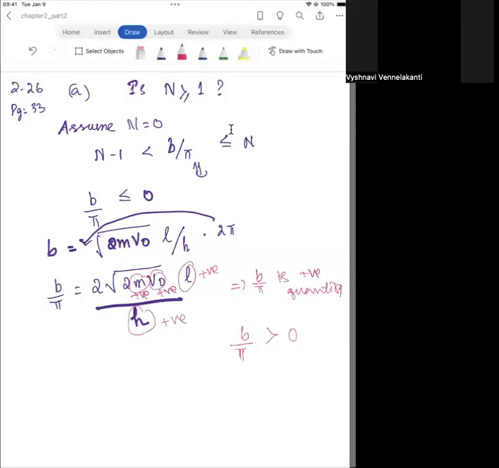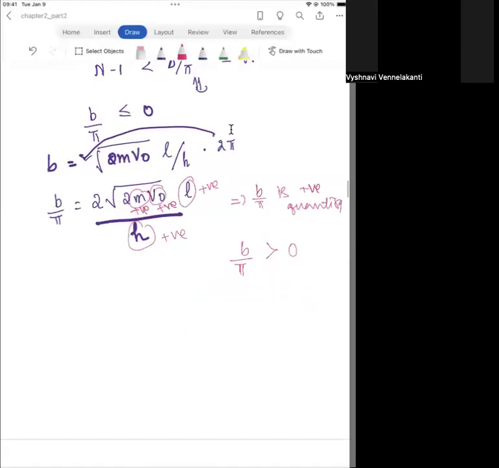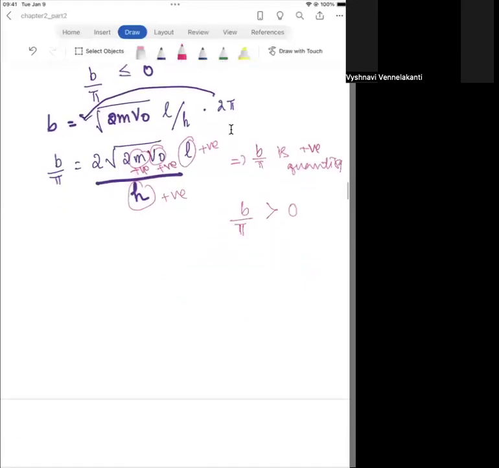But if you're assuming that the number of bound states can be equal to 0, you're saying that b over pi is either negative or equal to 0, right? And this leads to a contradiction. That doesn't make any sense at all.